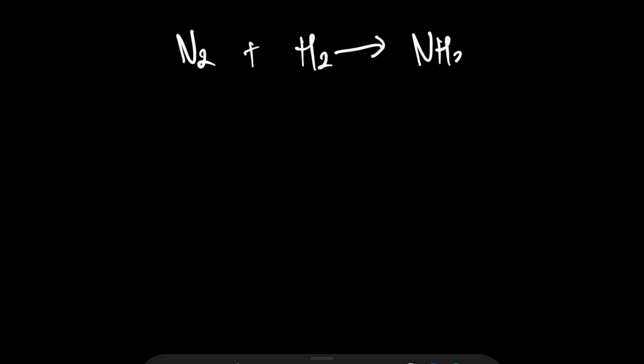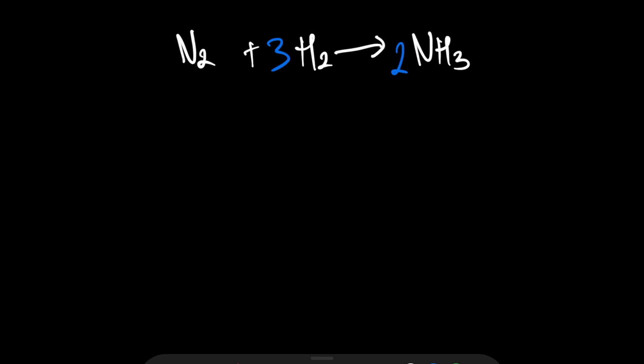But how about a situation in which you don't have any knowledge of which one is the limiting and excess, such as nitrogen and hydrogen giving ammonia. So in this situation, you can't tell right away which one's the limiting and excess.